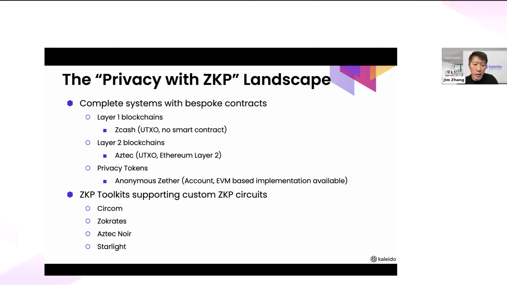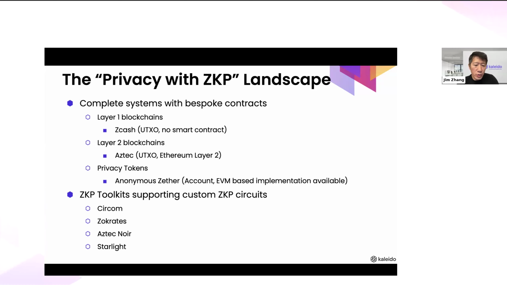You can deploy these tokens, such as anonymous Ether, to any EVM-based blockchain. And then we come to the second category of ZKP approach, which is, I'm going to design my own ZKP circuits. And this is the focus of today's session.